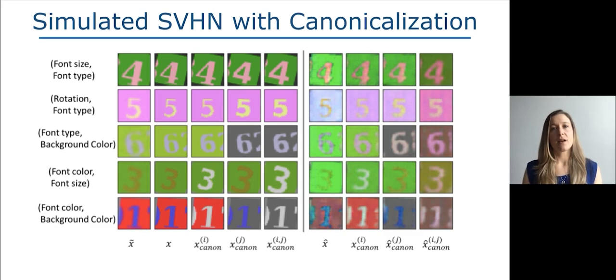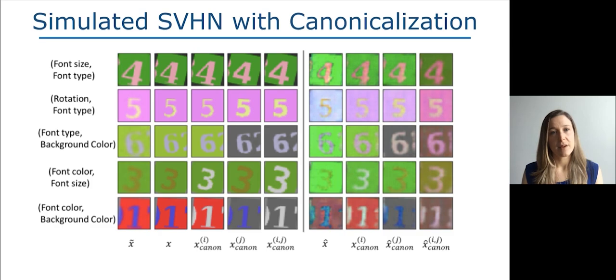And once we do that, we can start to examine different experimental paradigms. So in the case of learning to recognize digits in Street View house numbers, we're going to have a Street View house numbers digit simulator.